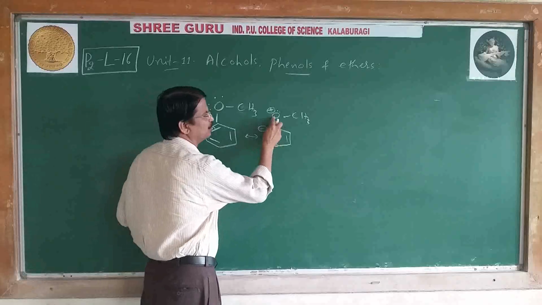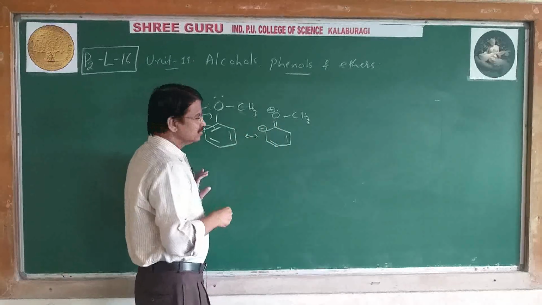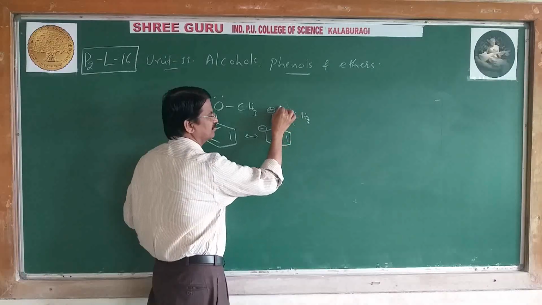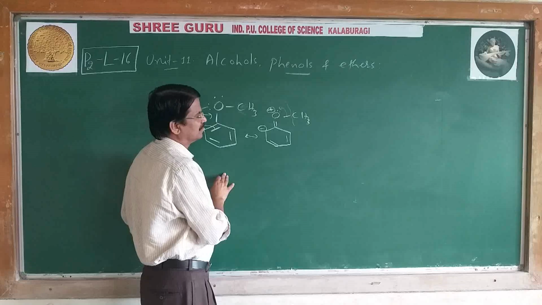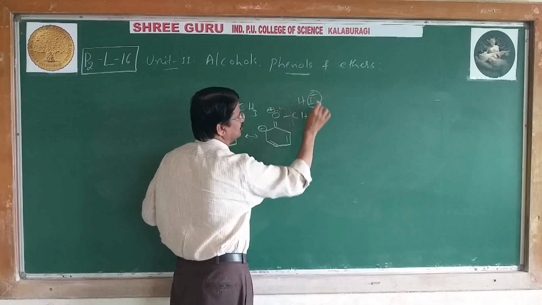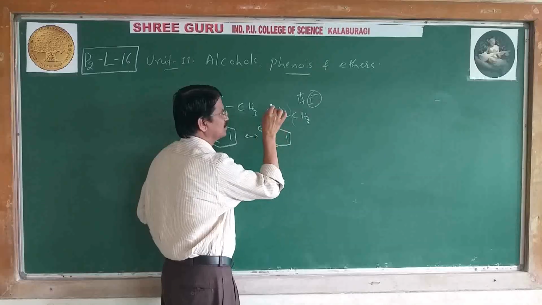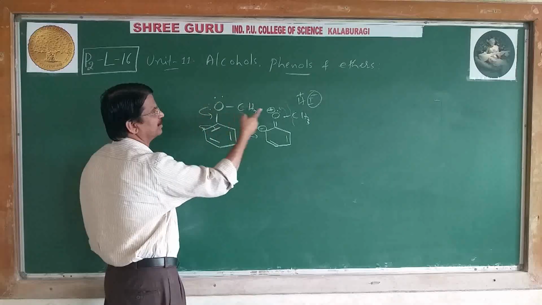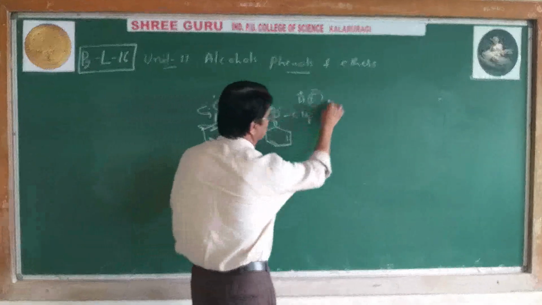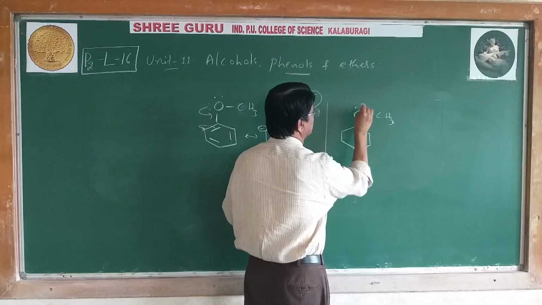Because of resonance, the C-O bond which is linked with the benzene ring has partial double bond character. Breaking this one is difficult, but the other undergoes easy breaking. That's why, HI means I negative, H positive. But actually, first O gets protonated because of its lone pair. O gets protonated.